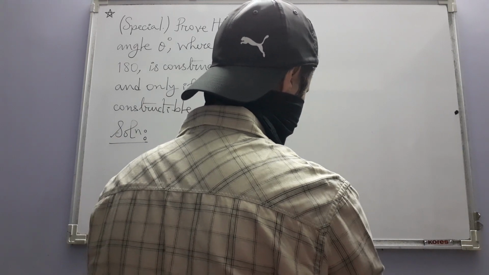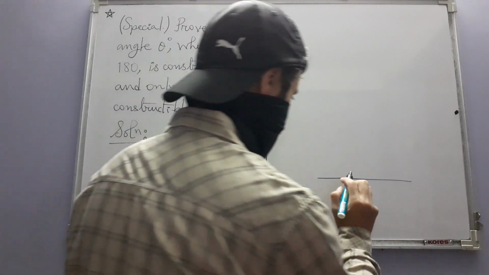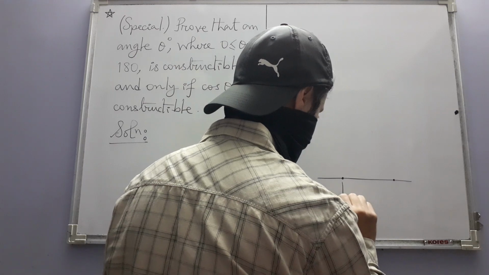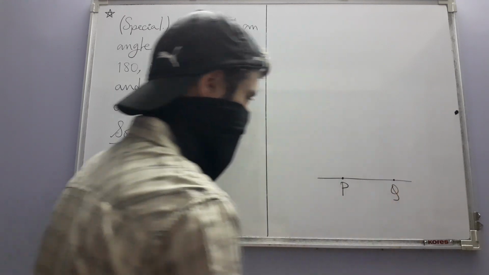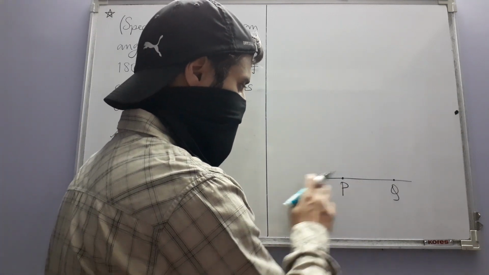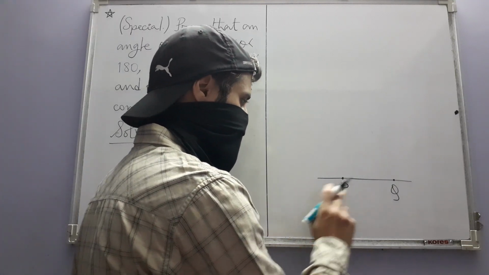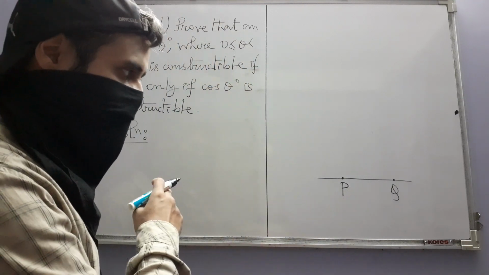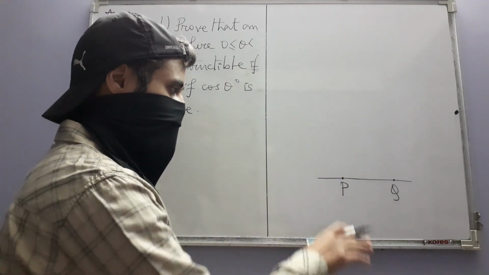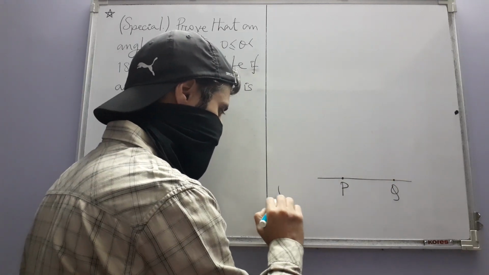You remember that in any of our construction we start with those 2 points which are given in the beginning itself, and we have called them P and Q, capital P and capital Q. They are constructible by definition, and the distance between them is 1, and the line that passes through them is also by definition constructible, and the angle between this constructible line and itself is 0 degree, of course.